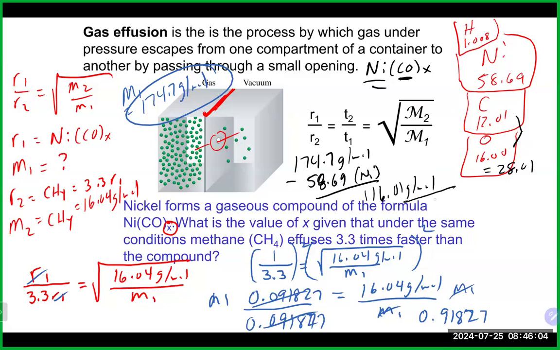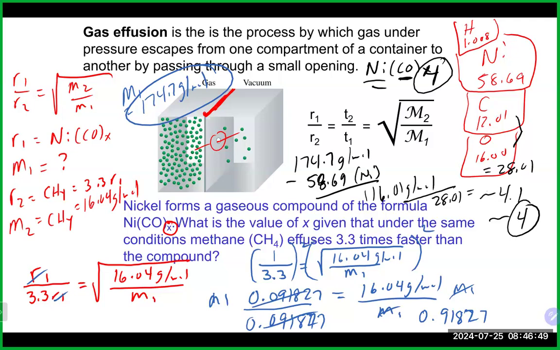So if I take this 116 and divide it by 28.01, I get roughly 4.1, which is close enough to 4. That means I should have 4 of those carbon oxygen units present. Any questions on that? So here you can see we can use the effusion information to figure out the molar mass of an unknown, and using the molar mass, we can figure out its proper formula. Any questions on that?